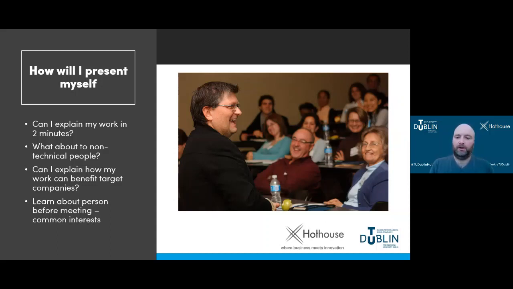For example, one of our big industrial partners in TU Dublin, a strategic partner of the university, has a main contact within that organization who, although they're a manufacturing company, has a real personal interest in equality in STEM education, bringing forward and improving the achievement levels of females in STEM education.